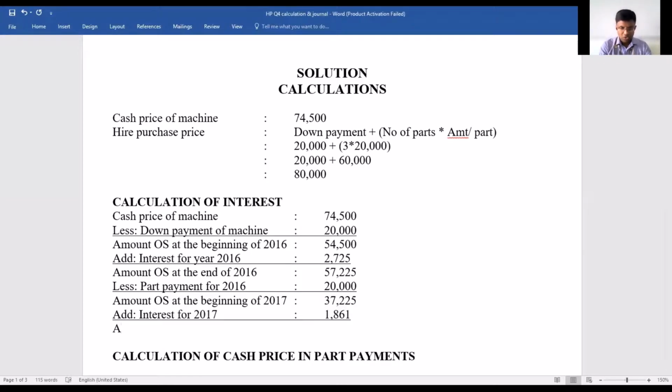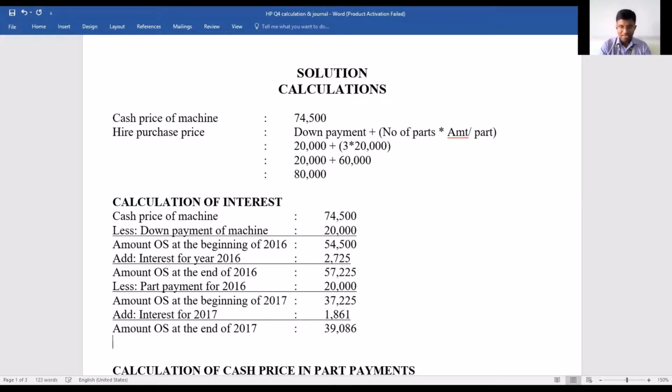So now when you add the interest to this, you get the amount outstanding at the end of 2017. So the amount outstanding at the end of 2017 works out to be 39,086.